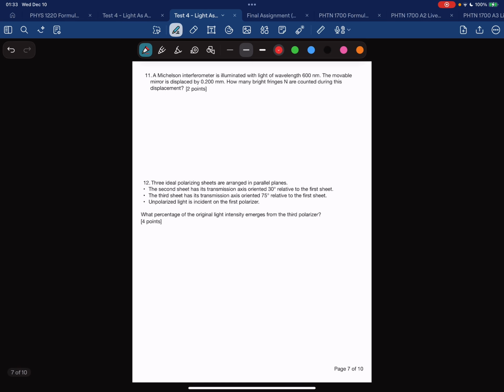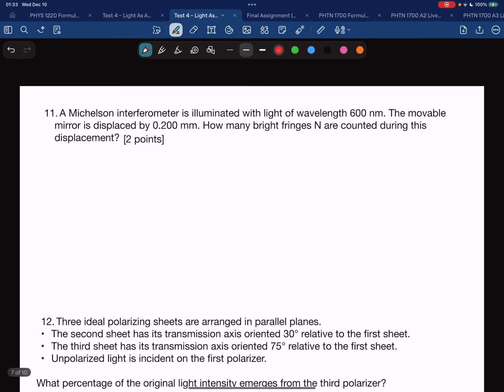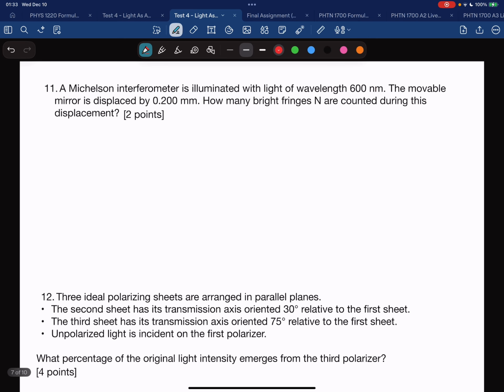Moving on, just a couple more to go. Our Michelson interferometer is illuminated with a light of wavelength 600 nanometers. The movable mirror is displaced by 0.2 millimeters. How many bright fringes N are counted during this displacement? So we get N lambda equals 2D.